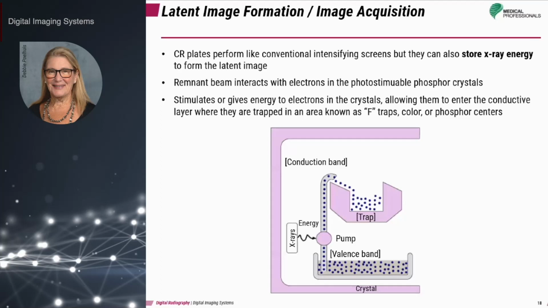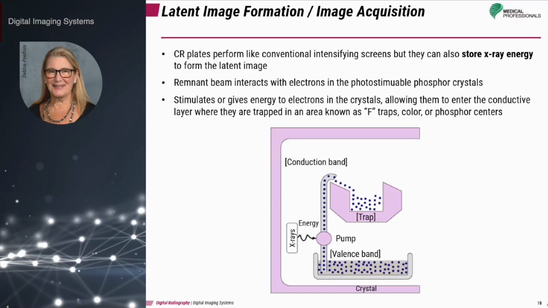The steps of this process are as follows. The X-ray photons that exit the patient following exposure hit the phosphor crystals, and they cause electrons to move from their normal orbital location to a higher energy level.